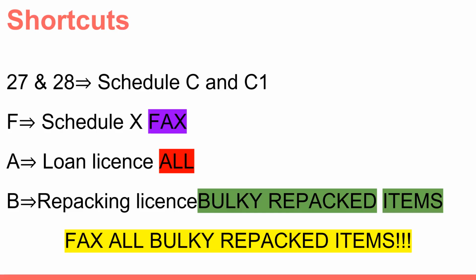LL is for loan license, from which you can remember that the letter A is related to loan license. And the third word is bulky repacked items. Bulky starts with a B. The letter B is related to repacked items. That is, it is related to repacking license. So remember the sentence: Facts all bulky repacked items.